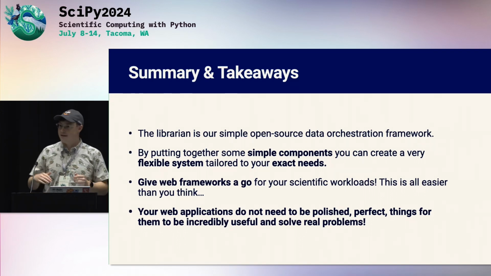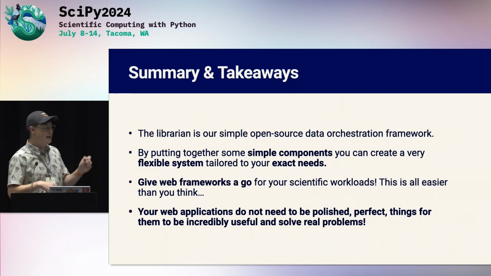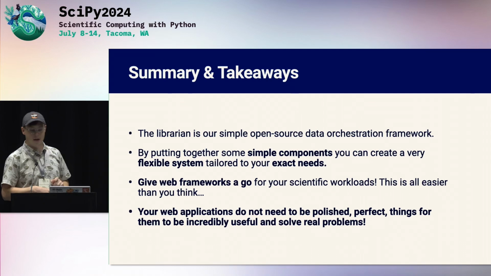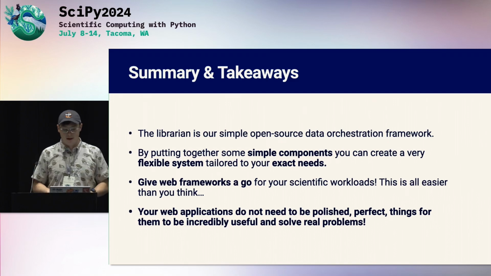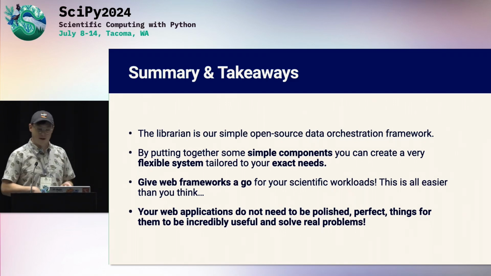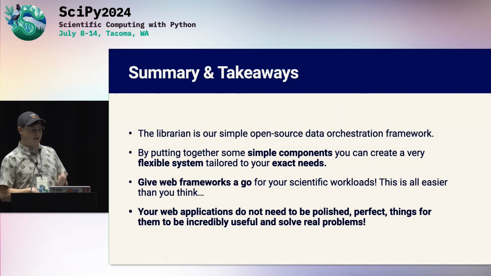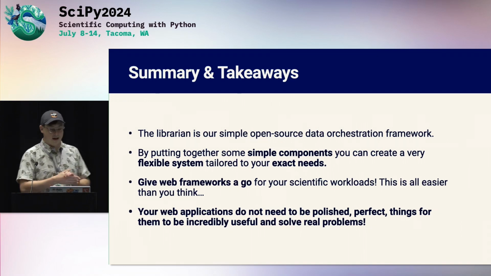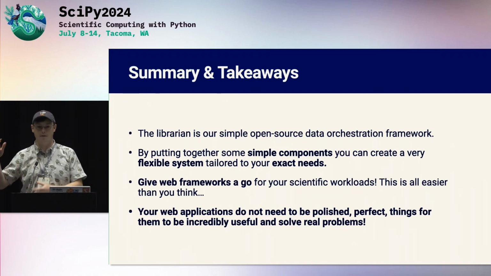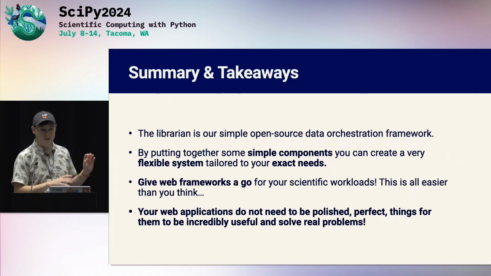But I think the thing to take away from this talk is that by taking these very simple components, you can develop a solution designed for your exact needs. You should give web frameworks a go for your scientific tasks. It's much easier than you think it is. Your web applications don't need to be polished, perfect things with a wonderful UI. The Librarian has no UI.